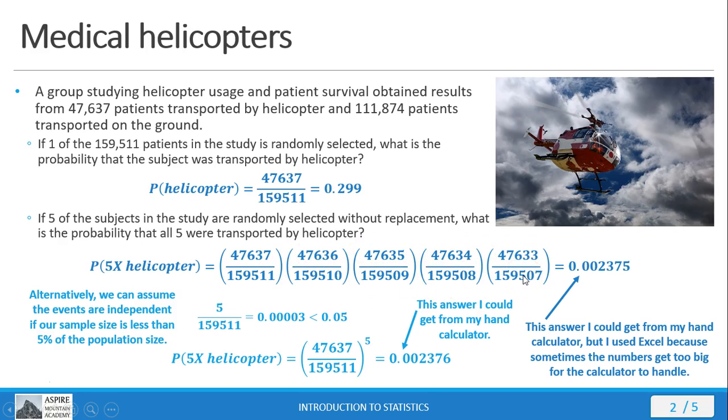And so in that case, I'll just take something like this and calculate it out in Excel, because the computer can handle a lot bigger numbers than what my little hand calculator can handle. So if I'm just using this rule of thumb, so I assume that they're independent, I'm just going to calculate that with my calculator. But if I'm doing something like this, I'll typically turn to Excel, because sometimes the numbers get so big it just becomes too much for my calculator to handle.